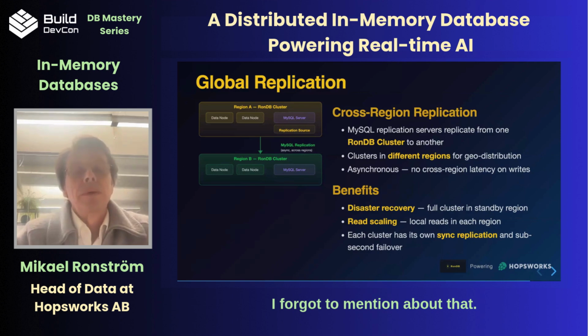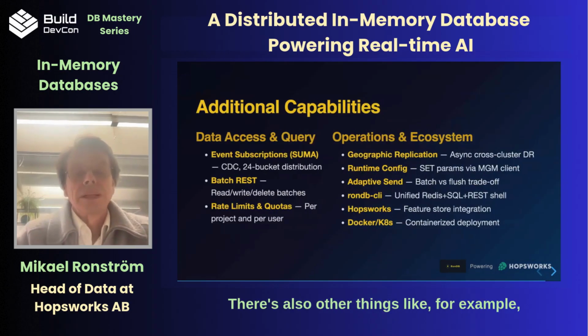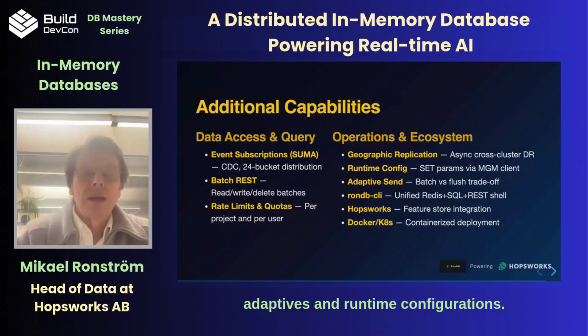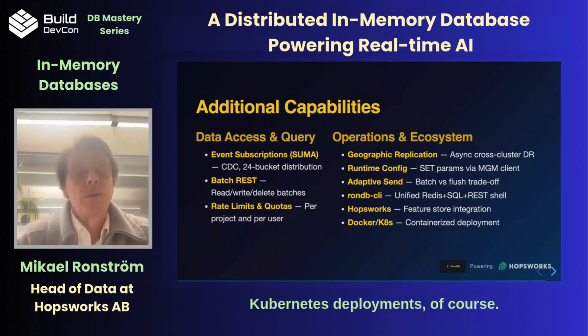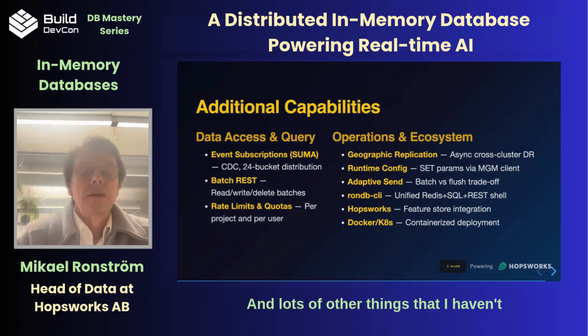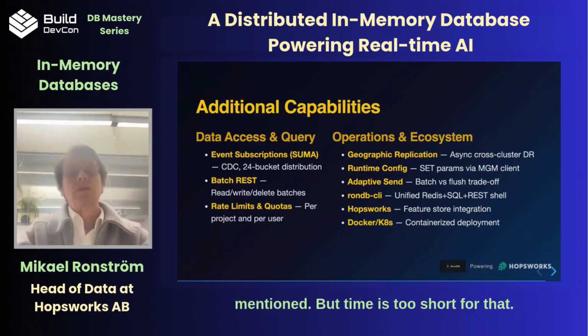I forgot to mention that, but that's essentially the presentation. There are also other things like, for example, adaptive send runtime configurations. There is a CLI. There are Kubernetes deployments, of course, and lots of other things that I haven't mentioned, but time is too short for that.